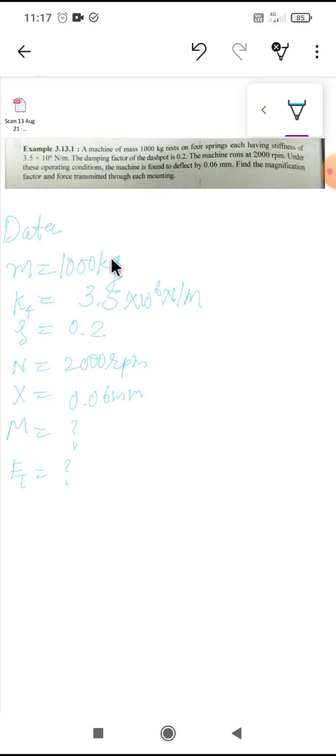Now there are 4 springs here, it is mentioned. So I will assume that there is a machine here and the 4 springs are in parallel to each other.